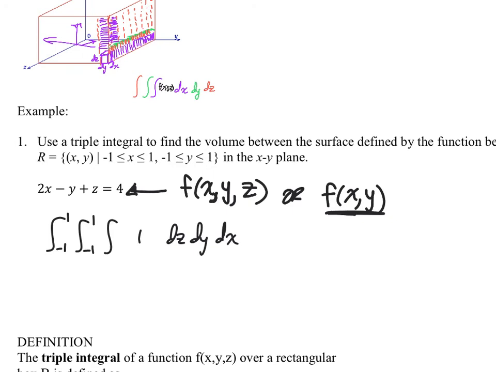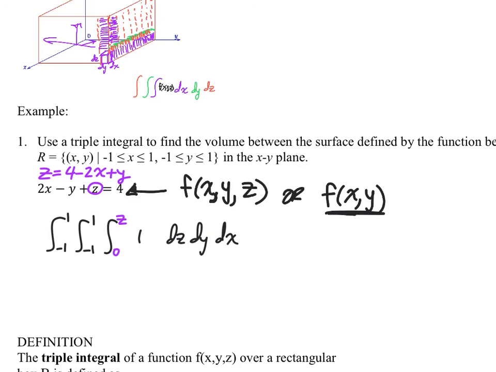But what we're going to do is integrate it over the interval of 0 to z. So if I solve this for z, I'd have z equals 4 minus 2x plus y.